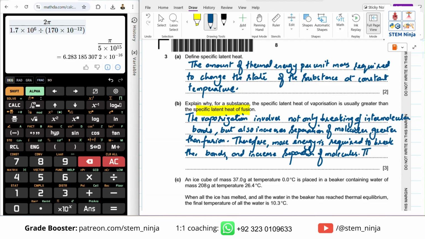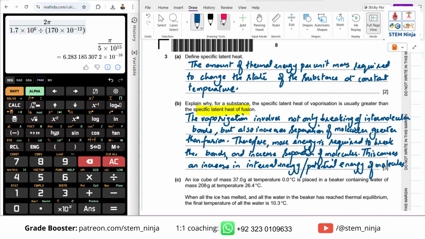This causes an increase in internal energy of molecules, or you could also say potential energy of molecules. Remember that the kinetic energy of molecules is constant. Why? Because we are doing this at a constant temperature.